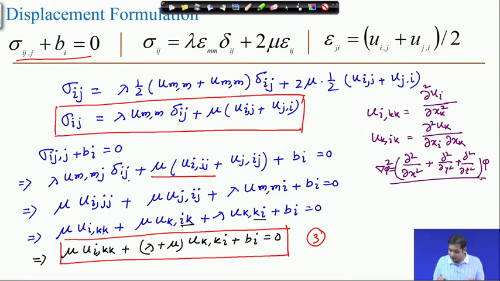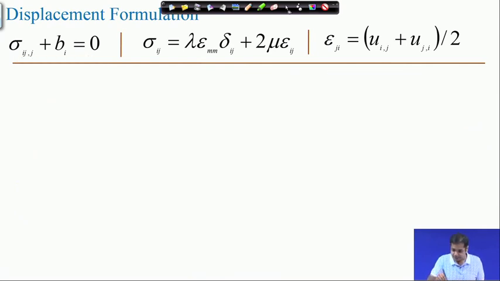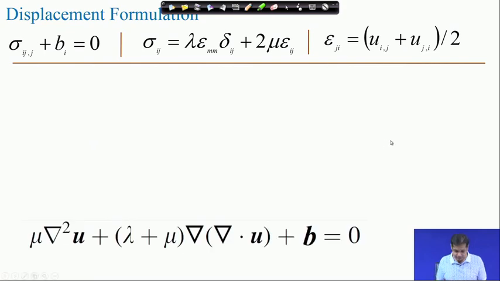Okay. Now, if I substitute this, if I write this expression in terms of this del 2 and del operator, then eventually the expression becomes this. Please verify it yourself.